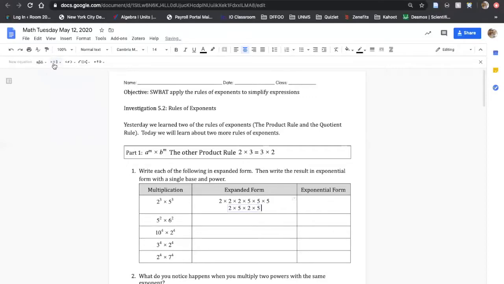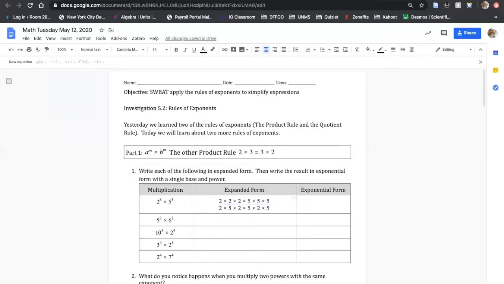And then I have the third 2 times the third 5. Right? So you can see I have the same number of things being multiplied, but all I did was I changed the order. Instead of 2 times 2 times 2 times 5 times 5 times 5, I have 2 times 5 times 2 times 5 times 2 times 5. So I'm pairing them up with each other.